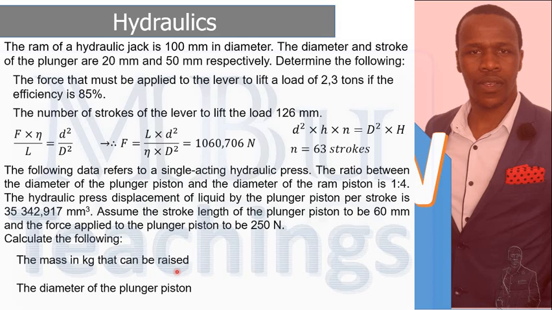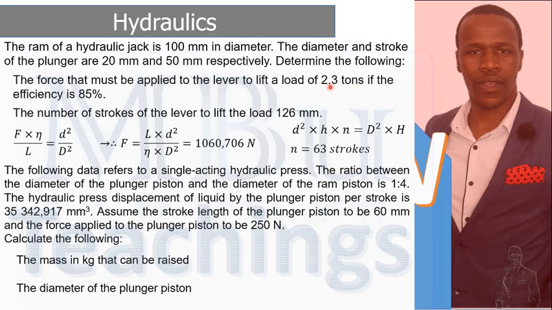Then the second question, they want the diameter of the plunger. So let's face that one first. How can we solve this one with the mass of the ram? For us to be able to find the mass of the ram, obviously we will reverse the process we used here.